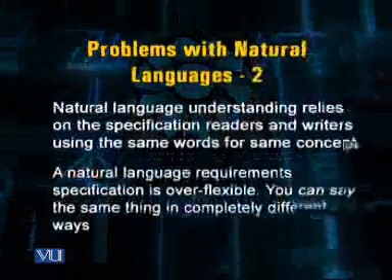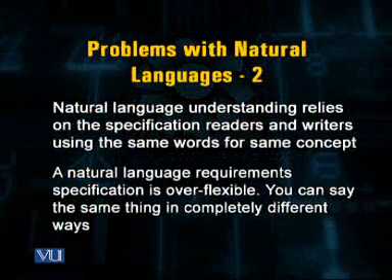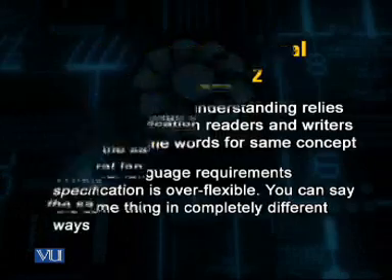So another problem we have discussed with reference to usage of natural languages for specification of requirements is that they are over-flexible, and things can be conveyed in multiple ways using different terminologies, but this is a problem as far as documentation and specification of requirements is concerned.